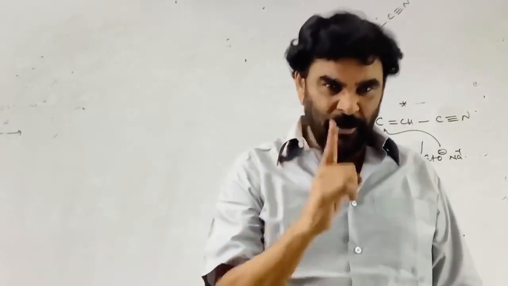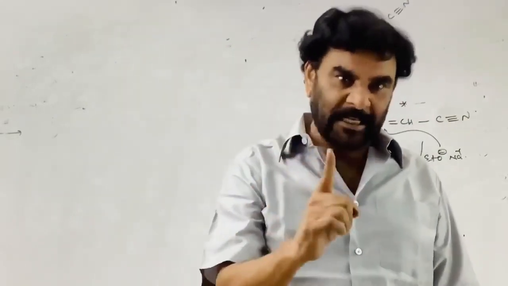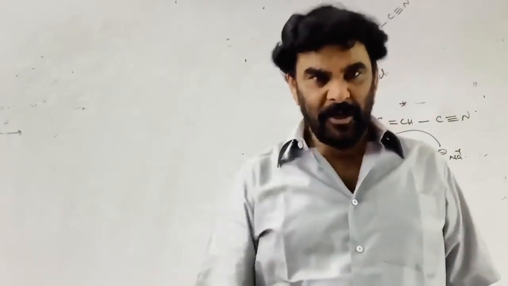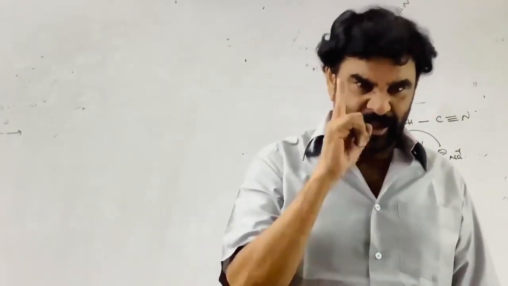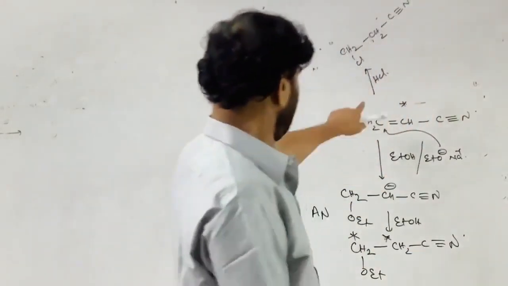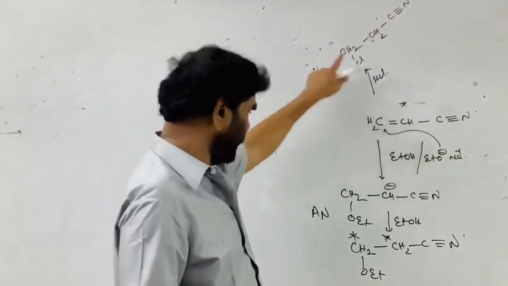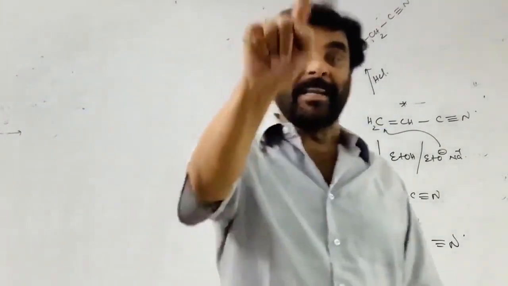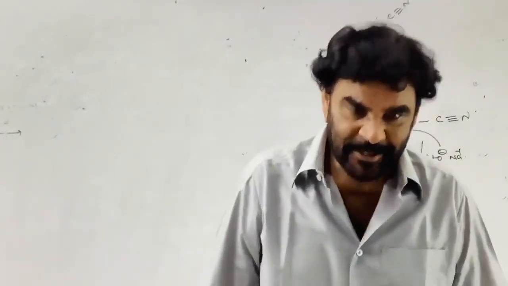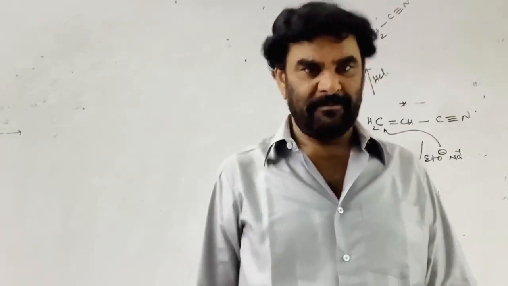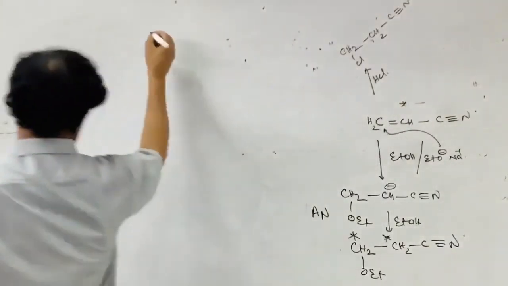The nucleophilic addition reaction on the activated ethylenic center, where the nucleophile is a carbanion, is called the Michael addition.